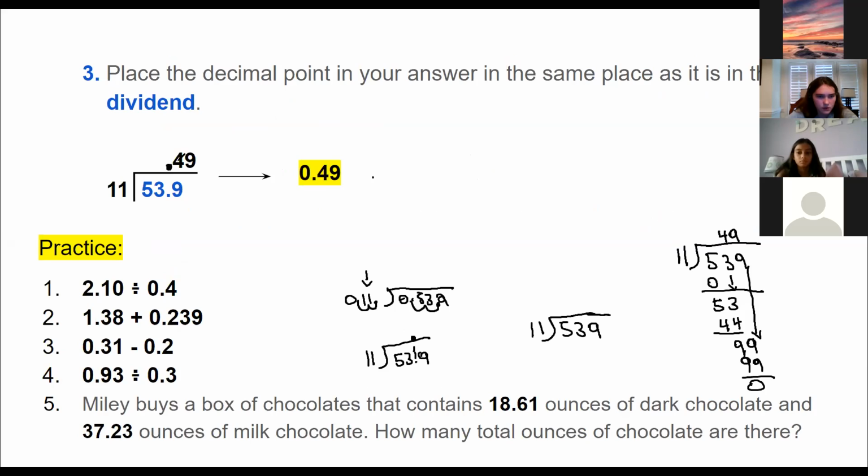Well, wait, this is correct. But what it should look like is 4.9. There we go. Because if the dot is right here and we just move it up, then it would be 4.9. So the answer is actually 4.9.